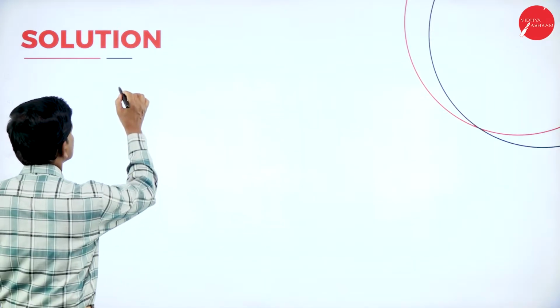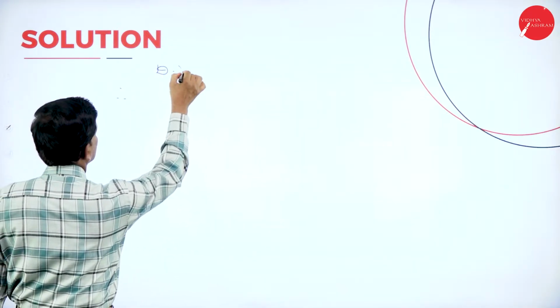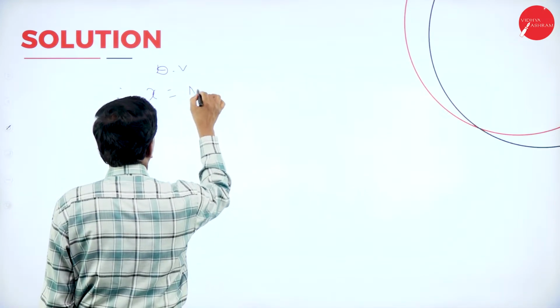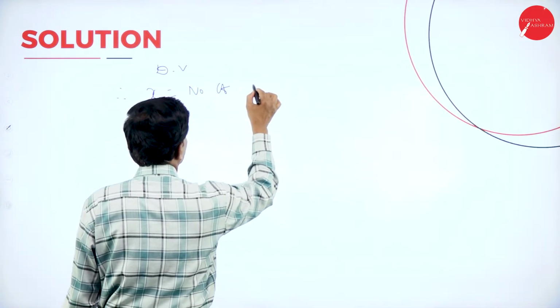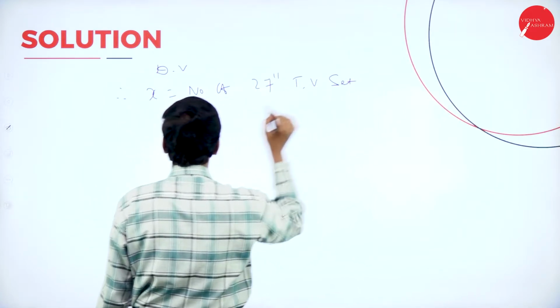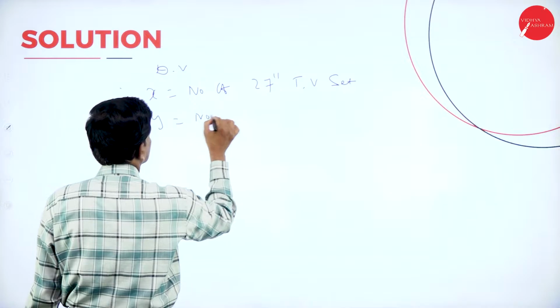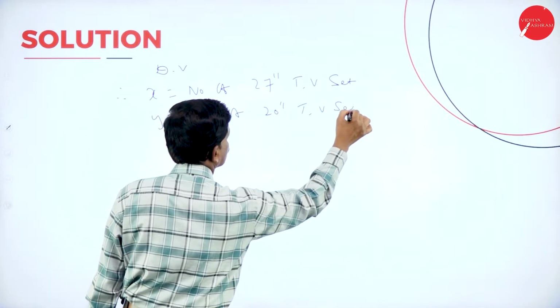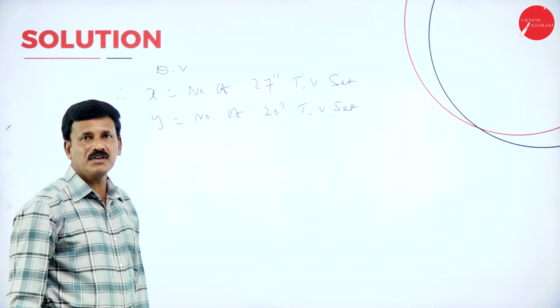So those are the decision variables. X represents the number of 27-inch TV sets, whereas Y denotes the number of 20-inch TV sets.